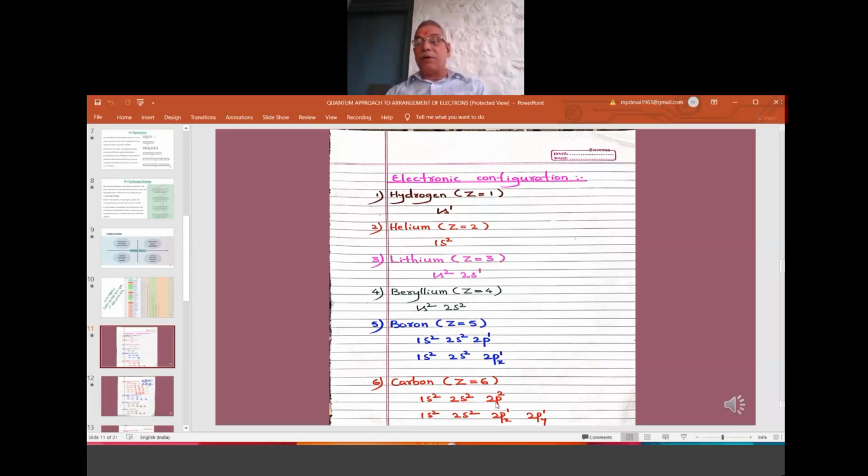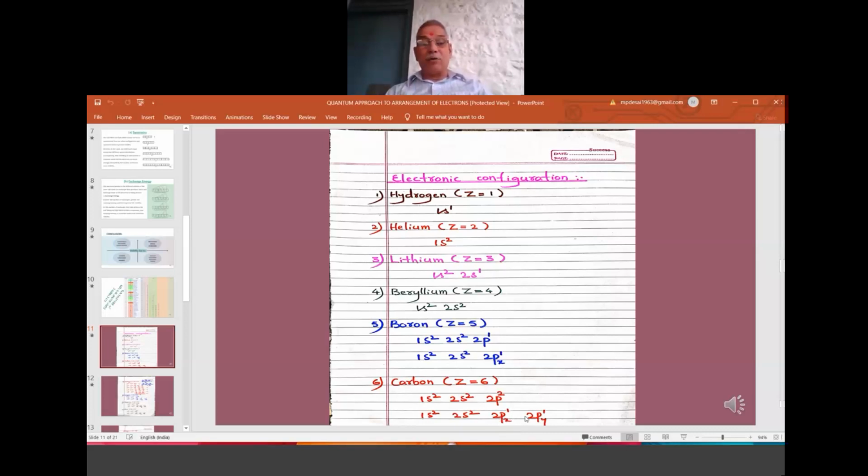Now the 2 electrons in the 2p, where are they? First you separate, write down 2px, 2py. Once again I'm repeating, all these three 2p orbitals are degenerate, so you can take 2 electrons anywhere. But don't take both electrons in 2px only. Why? Here comes the rule, Hund's rule of maximum multiplicity.